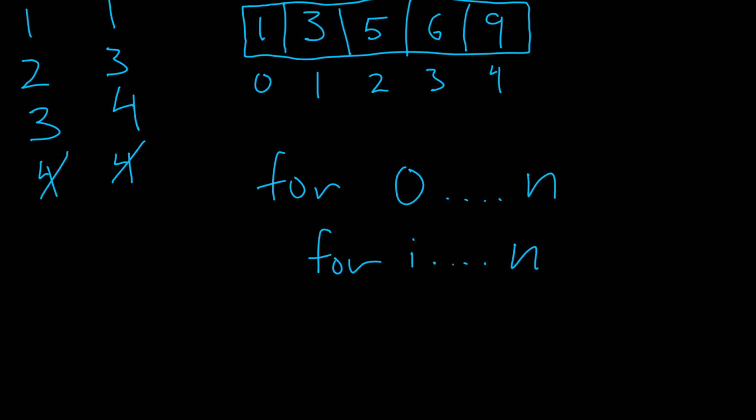The outer loop runs exactly n times, and the inner one about n times as well. So the whole runtime is going to be about n squared.